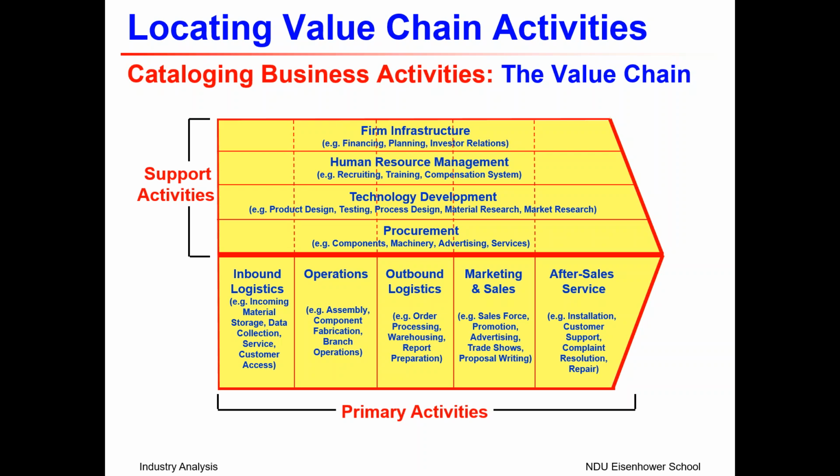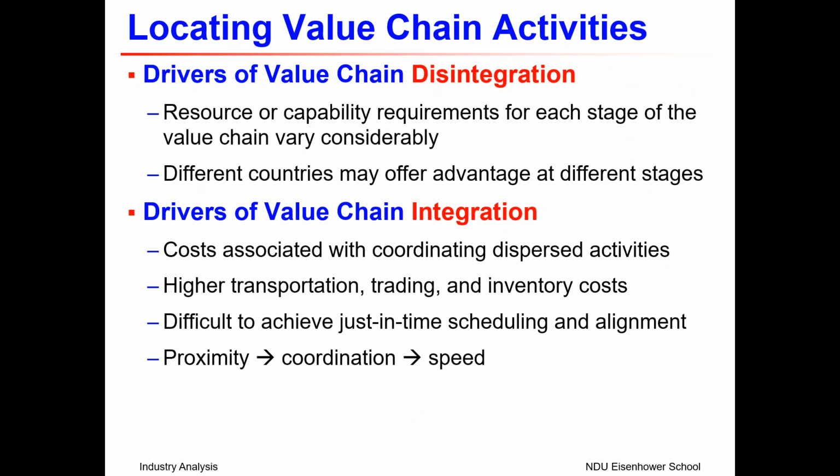So this is the idea of what the value chain is in terms of the activities of a firm. The reading also talks about things that will cause you to want to disintegrate your value chain, separating things and putting them in locations of their comparative advantage. Other things drive you in the opposite direction, to keep everything closely located, to co-locate all these activities.